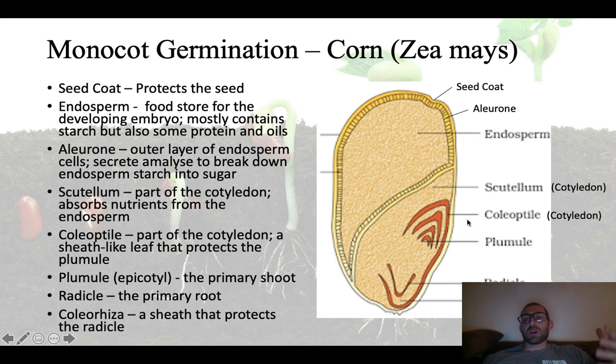And then there's the coleoptile, which is a sheath-like leaf through which the primary stem is going to grow. And that primary stem is called the plumule. You'll also hear it referred to as the epicotyl. It's the primary shoot. And on the other side, we have the radicle. And the radicle is the primary root, and that grows through a sheath-like structure called the coleorhiza. So that is our typical monocot seed.